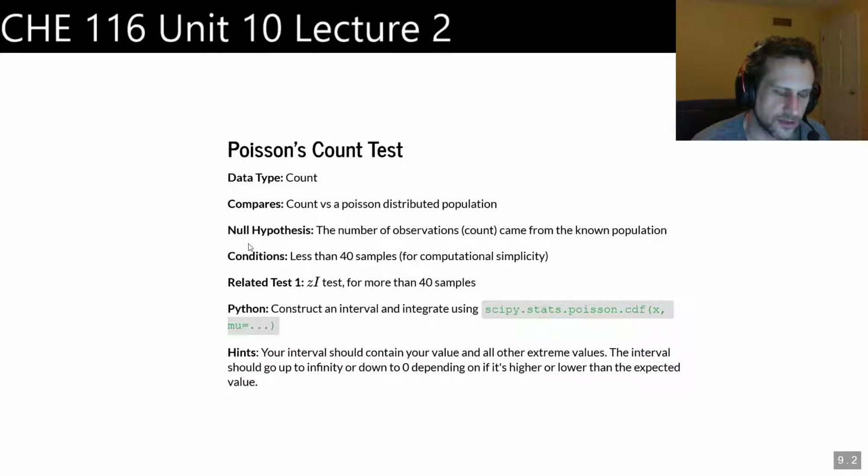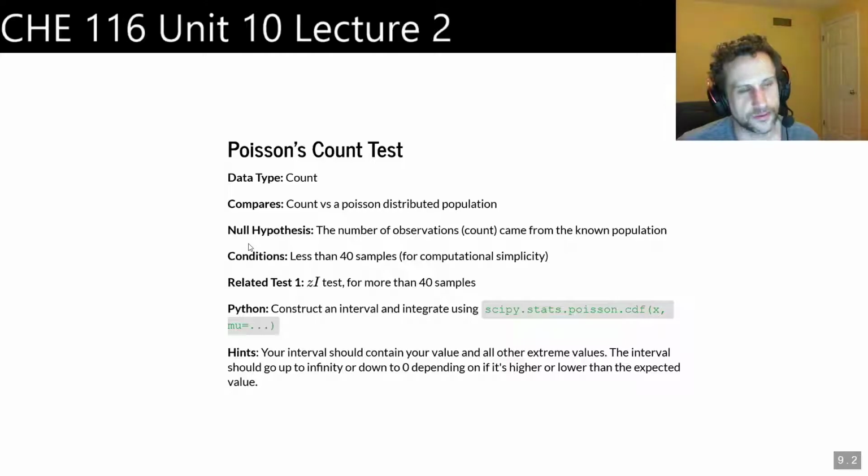And I think I discussed in the lecture that you can use the Poisson distribution or the binomial distribution for tests. If we view it as a hypothesis test by itself, the Poisson test basically compares a single number, a count, against a distribution where you know the parameter.